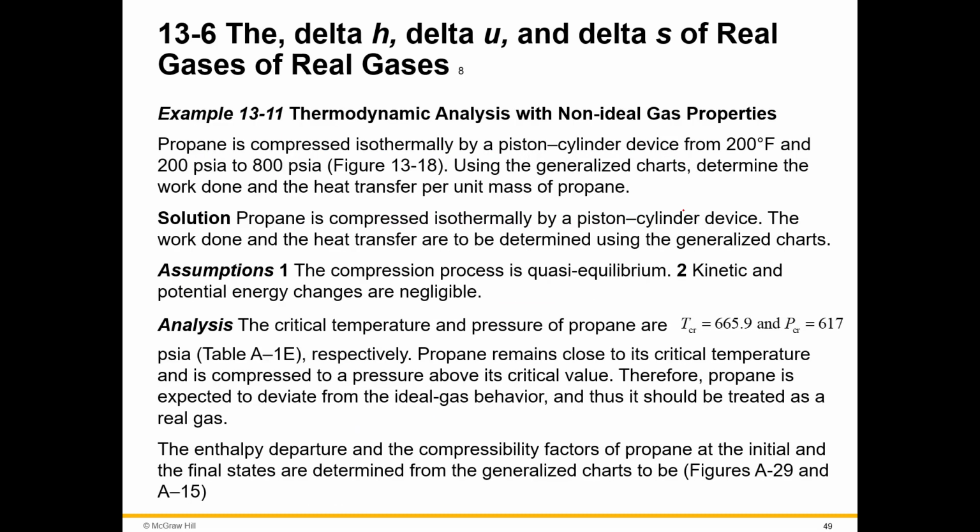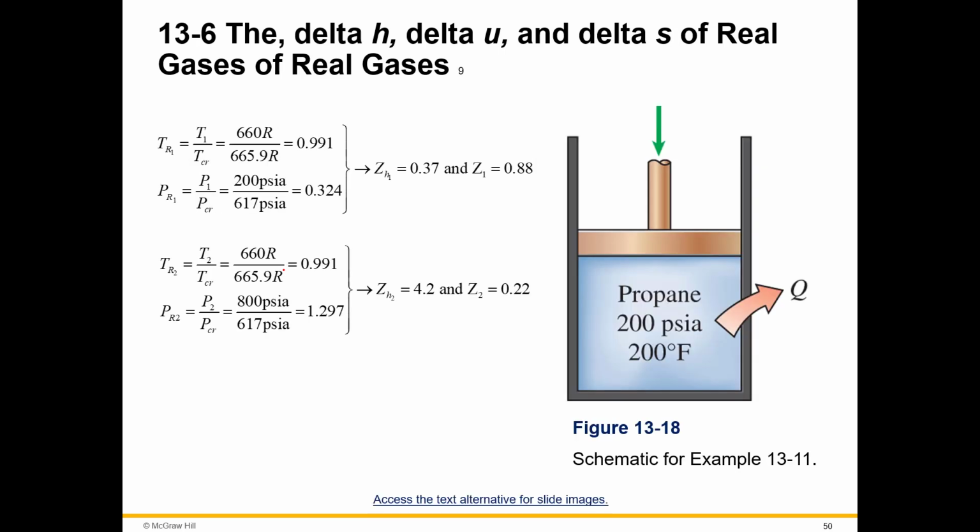Okay, and then here you have an example, and what I like about this one is it does a good job of stating the assumptions up top. And then here, the delta U and delta H and delta S of real gases. And so it just gives you, when you know T and P, how you can get into those answers as Z.